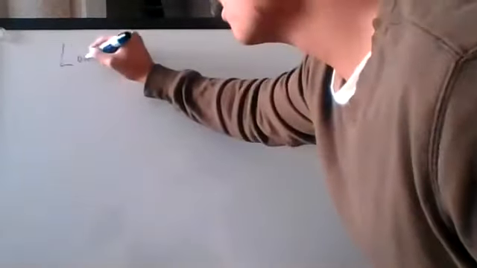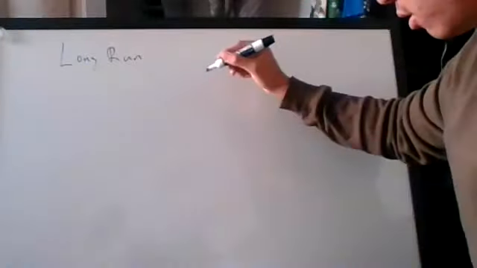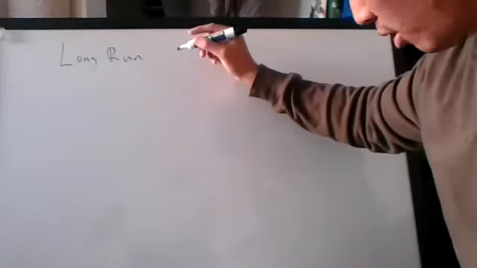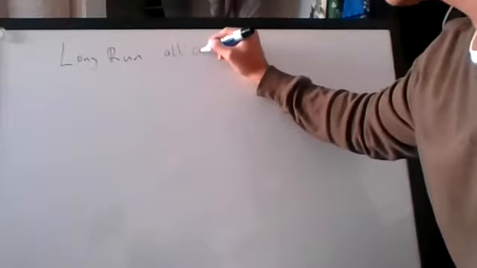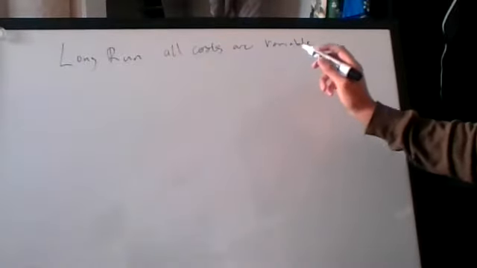And so what does it mean to be in the long run? Well, in the long run, we're going to say that all costs are variable, meaning that you have the decision of whether to incur those costs or not.